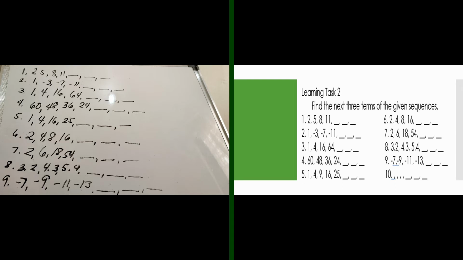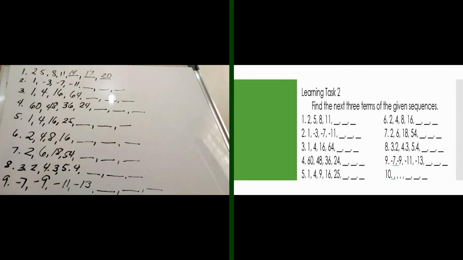So meaning to say the pattern that we have, we can just have the rule wherein we're going to add 3. So 11 plus 3 is 14. 14 plus 3 is 17, and plus 3 we have 20.